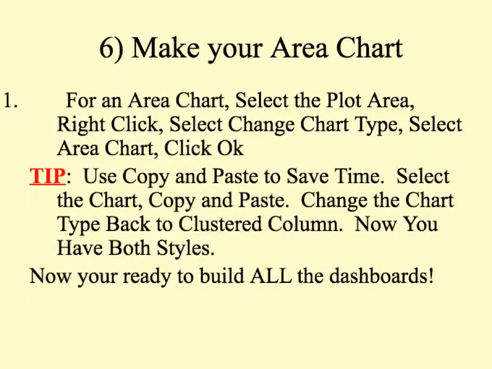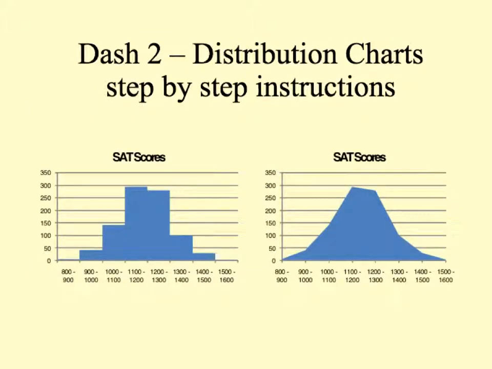When you make an area chart, which is the other chart we were doing at the beginning of the series, we're just going to copy and paste the chart we've just created, and now we're going to work with our chart to make it look like an area chart. We'll change that chart back from a clustered column, and then we have both sides. There you go.